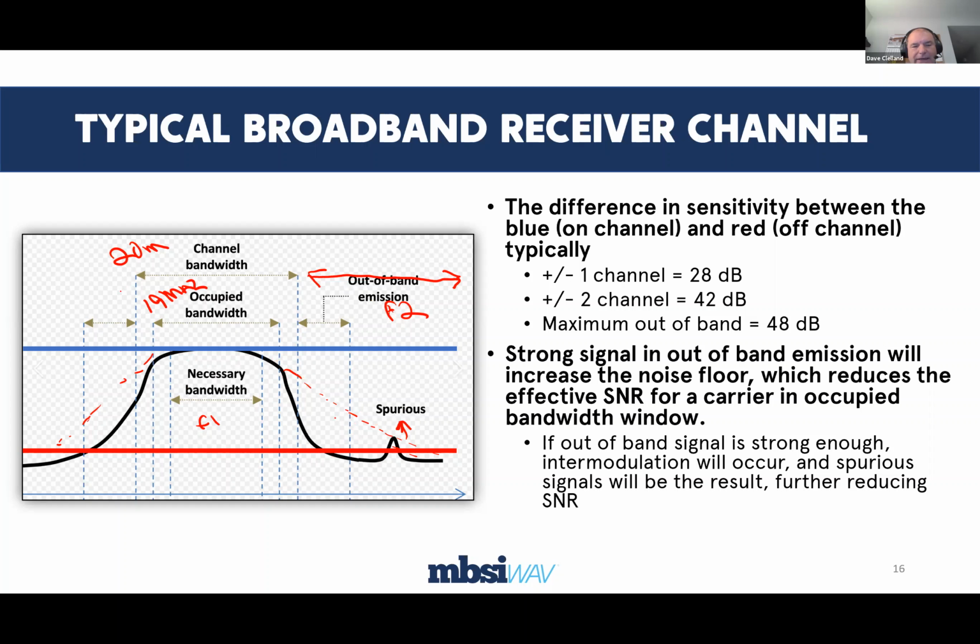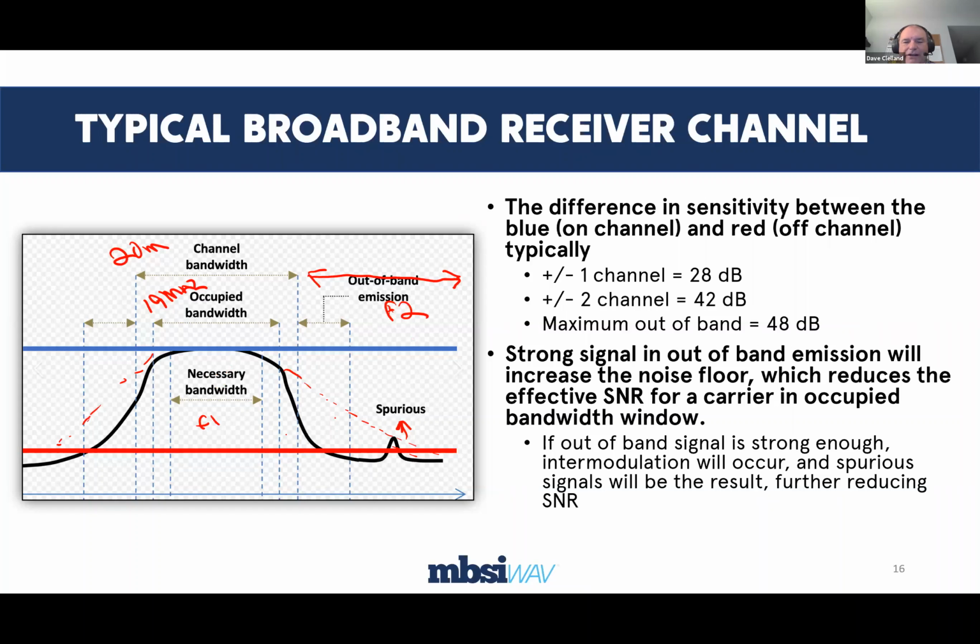In a typical broadband receiver now, this is all part of the design. I have in a receiver a certain amount of what's called adjacent channel rejection. So when I have a receiver that's operating here in F2, I'm protected from energy in F1 by some values.